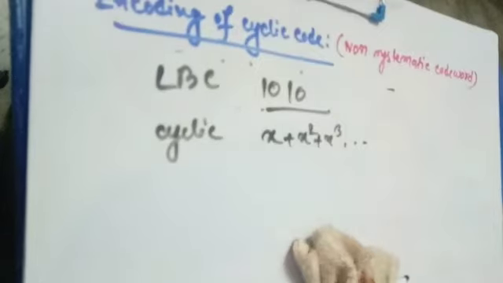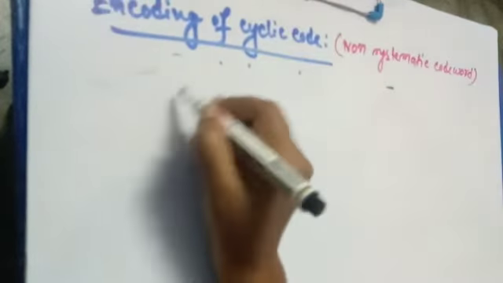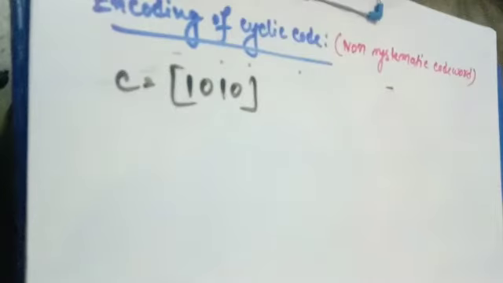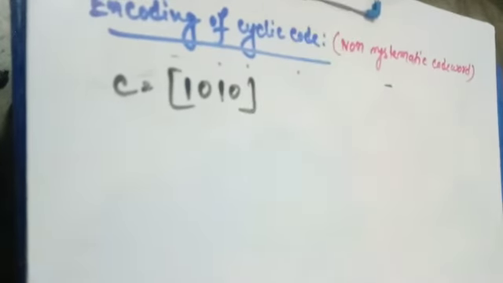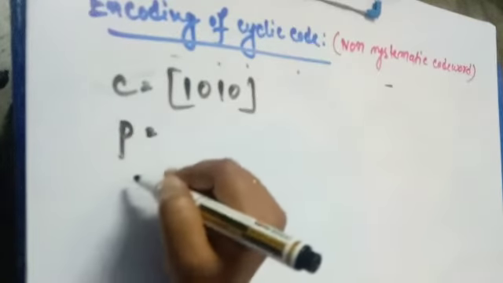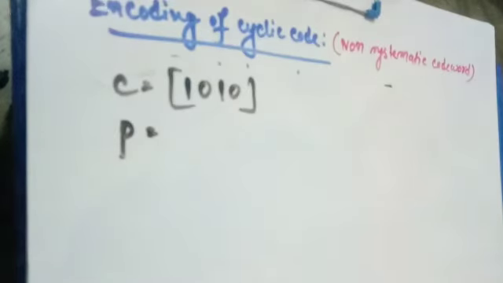Now, how can a polynomial be created? Suppose a code is given to you, 1010. If we convert it into polynomial form, it is represented by p.